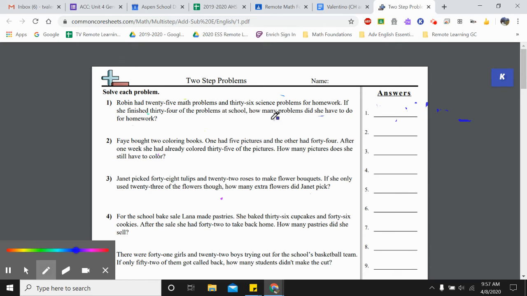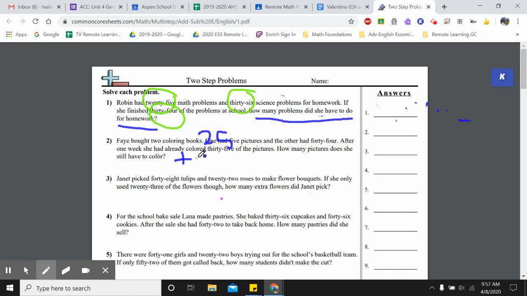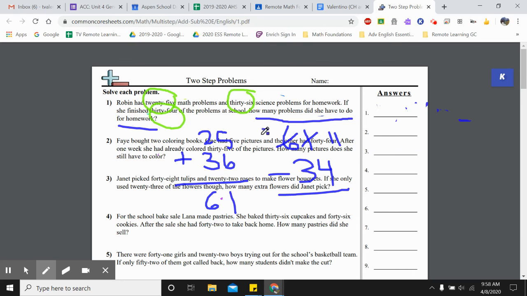So underline the question, circle the information, and then set up your two-step math problem. 25 plus 36 equals 61. We know that she was assigned 61 problems. She completed 34. Subtract that. She had 27 problems left to do.